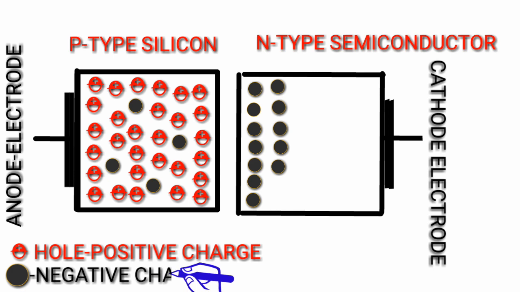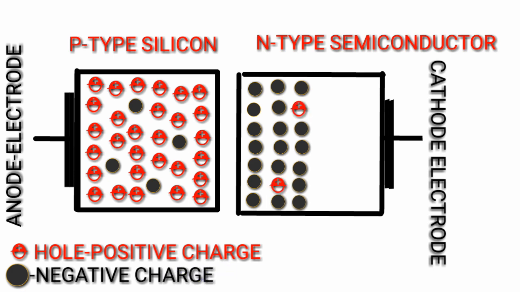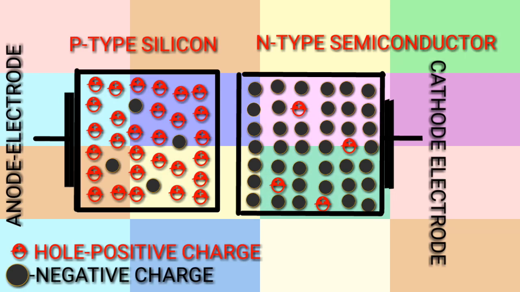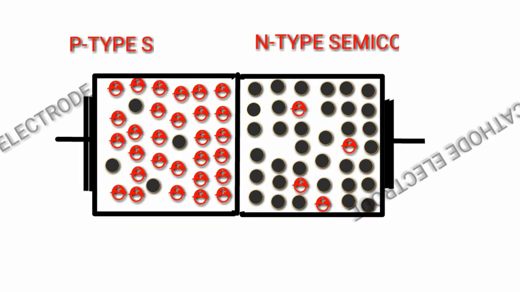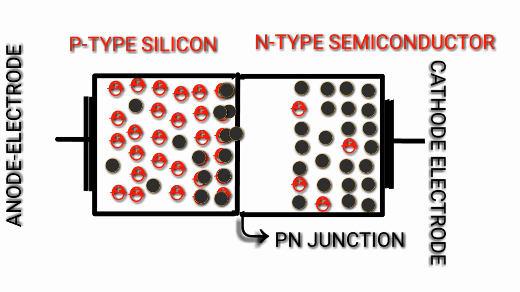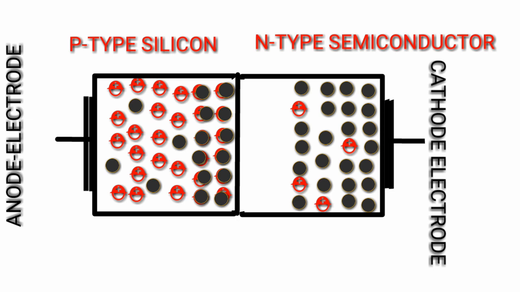So let's connect the P-type and N-type silicon semiconductors, and let's see what happens to the diode. The negative charge crosses the PN junction and combines with the positive charge. The free electrons move and combine with the positive charge, caused by the electric field.